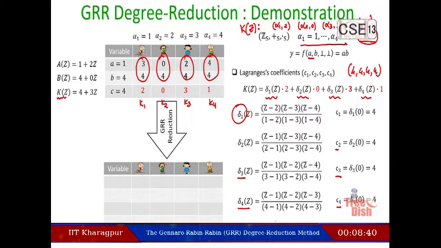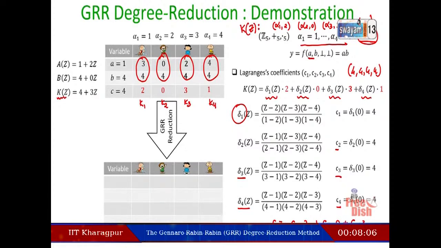So, now we know that the unknown value C is a linear combination, namely it is C1 times the share 2 which is available with party 1, plus the second Lagrange coefficient times the value K2 which is 0, plus the third Lagrange coefficient times K3 which is 3, plus C4 times K4 which is 1.